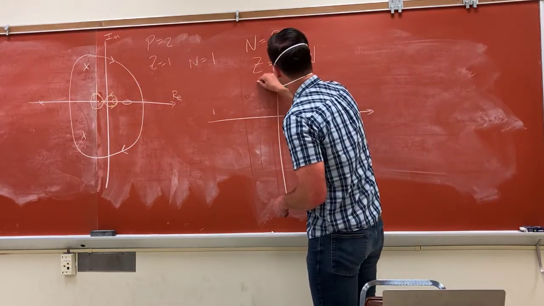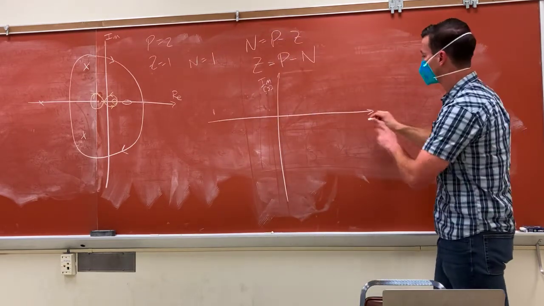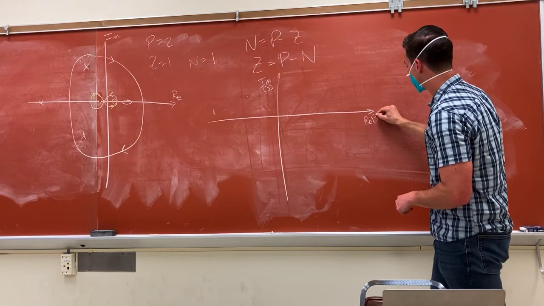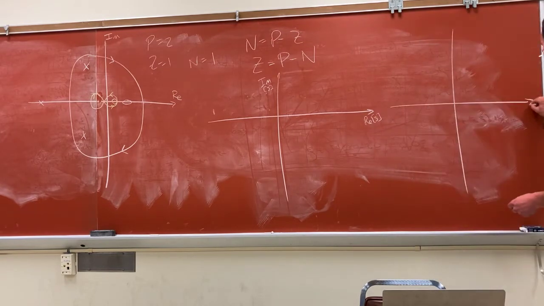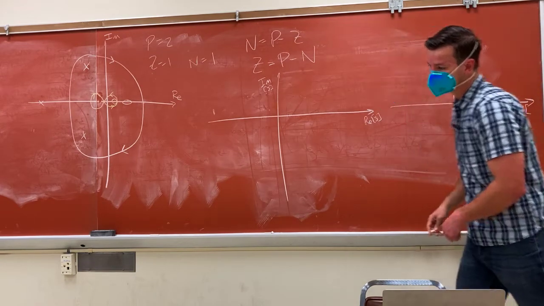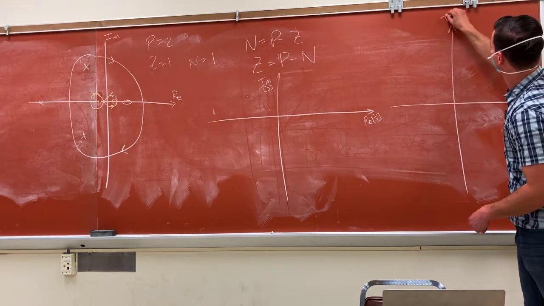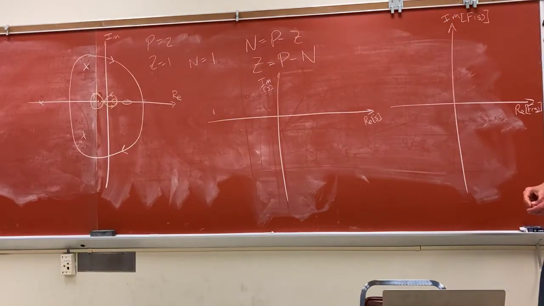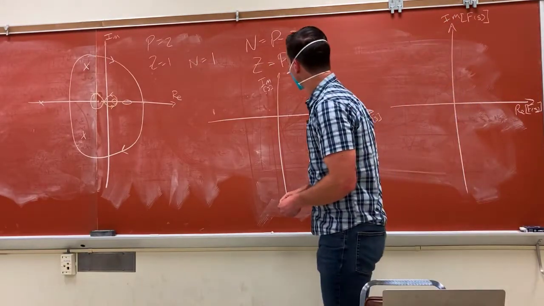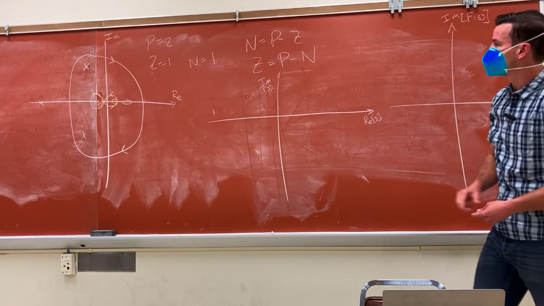So here's the imaginary part of s. So this is a purely domain plot. And then this would be our range plot, some F. So let's say that we know that there are, well, okay.